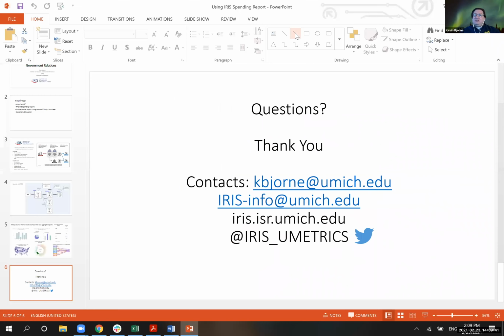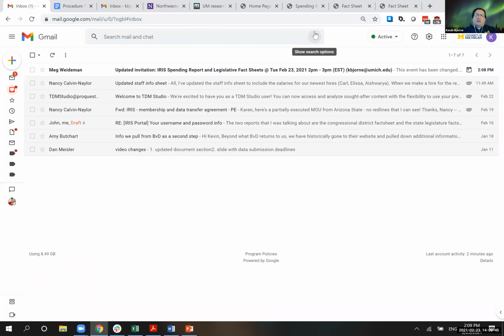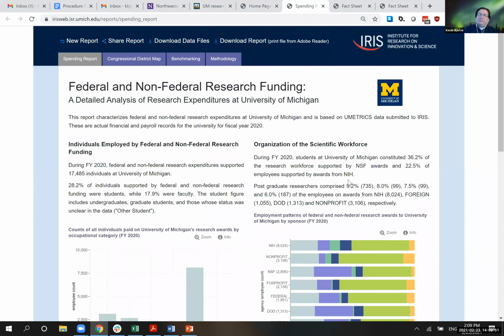So let me jump into the actual reports here, and then we can talk a little bit about this stuff. The report that I'm going to present today is sort of our overview report of the impact of scientific research for a particular university. So today I'm going to be utilizing University of Michigan's impact report here.